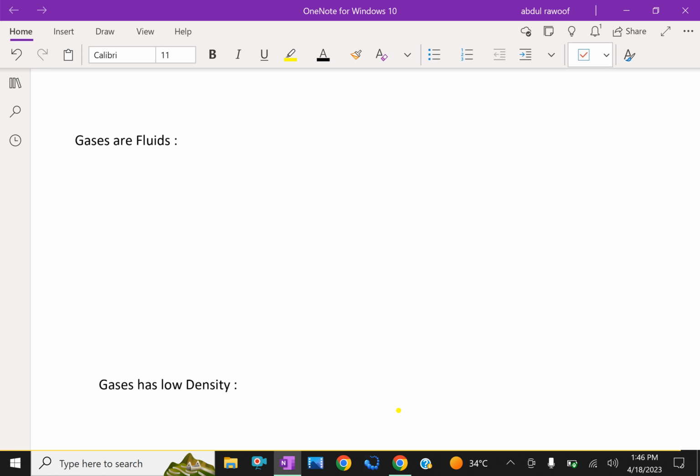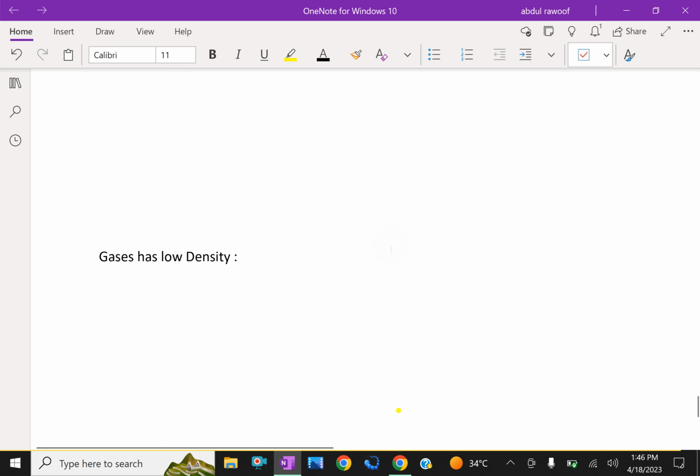Next, gases have low density. We'll discuss this. Gases have much lower densities than liquids and solids do because of the relatively large distances between the gas particles. Most of the volume occupied by a gas is empty space. Particles in a solid or liquid are almost in contact with each other, but gas particles are much farther apart.